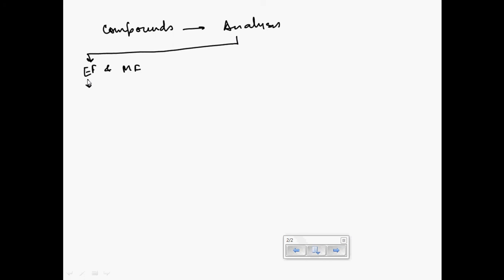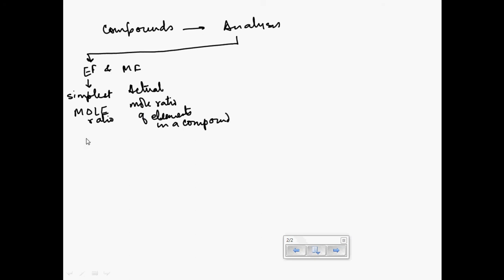Empirical formula is the simplest mole ratio, and this is the actual mole ratio of elements in a compound. Okay, so glucose has molecular formula C6H12O6, but here this is CH2O.